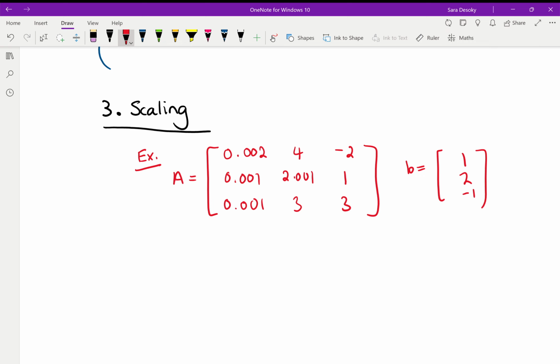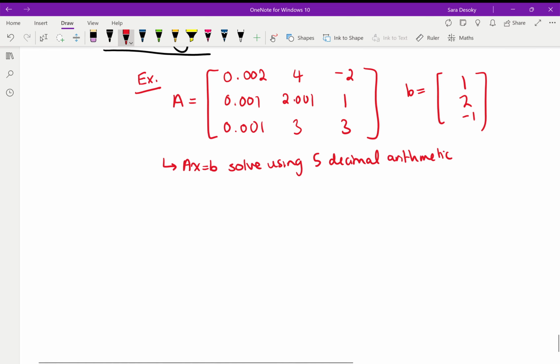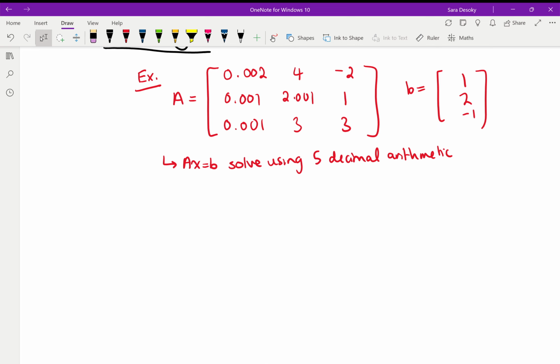And what's it all about? Well, look at the first column. Imagine there were data from the experiment. It causes difficulties for numerical solution because this one is so much different in order of magnitude from the other numbers in the matrix. And so what you do is you adjust it by using the SI prefixes.